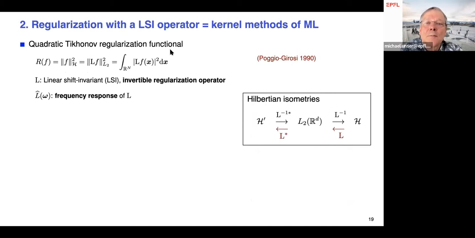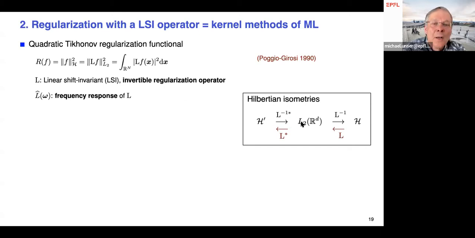Now, how does that match with regularization theory? For example, if you take quadratic Tikhonov regularization, you can choose a certain operator, for example, the Laplacian, or actually not the Laplacian. You rather want one that is invertible, and it needs to be shift invariant. So this would be an operator that has a frequency response.